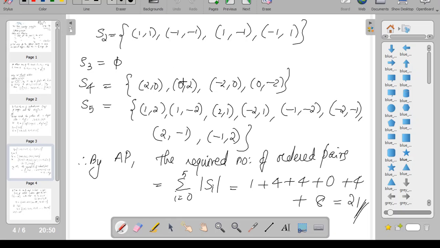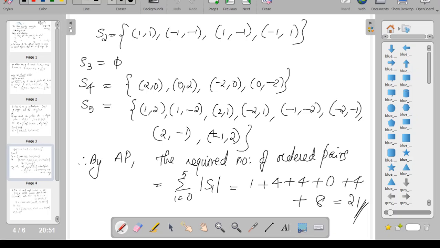Because for x square plus y square, you do not have a choice of integers such that x square plus y square is equal to 3. Now next is x square plus y square equal to 4. That comes when you take 2 square, so 2 or minus 2.